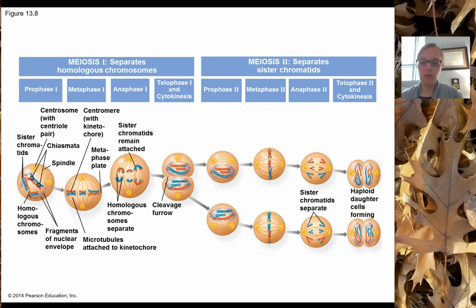Okay, now we're going to kind of quickly go through the different stages of meiosis. This is because a lot of the events that happen in meiosis are identical to what happens in mitosis, right? You have the building of the spindle apparatus, you have the chromosomes condensing, you have the chromosomes lining up at the metaphase plate and then being separated in anaphase.